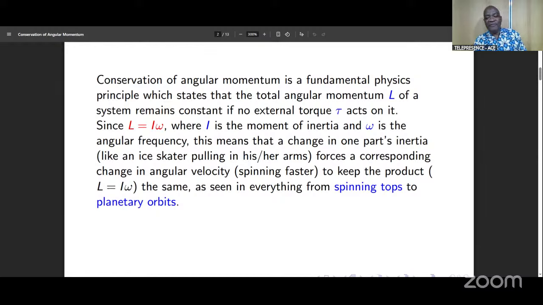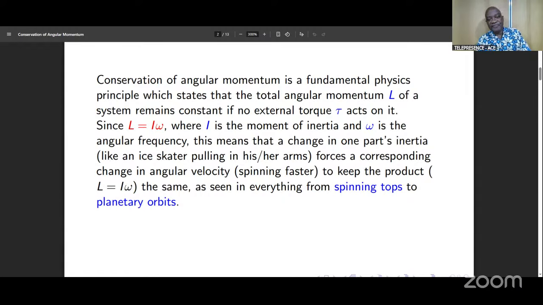Remember, for linear momentum to be conserved, that is to remain unchanged, we require that there is no external force acting on that system, so that the momentum of that system at any time is constant.